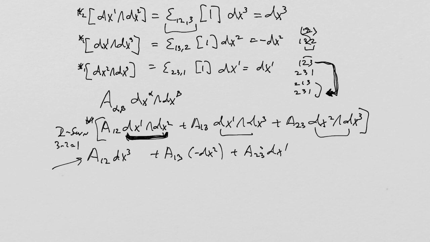So in this case, it's 1 and 2, and the one that's missing is 3, and of course, that's what you get. 1 and 3, the one that's missing is 2. The question is, what's the sign? That's what we figured out initially. That's what gets it all right. So that's how you take the Hodge dual of an arbitrary 2 form.